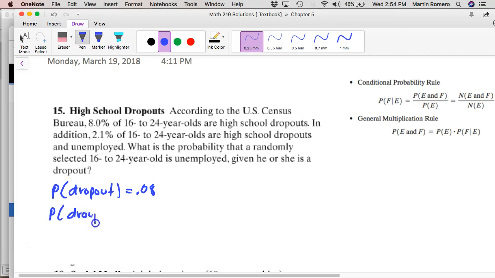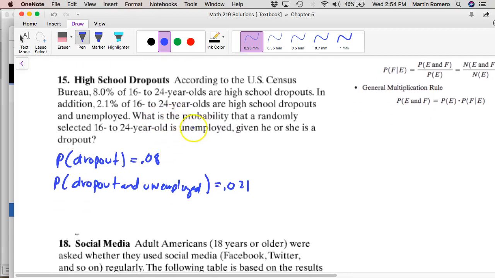So the probability of being a dropout and unemployed is equal to 0.021.